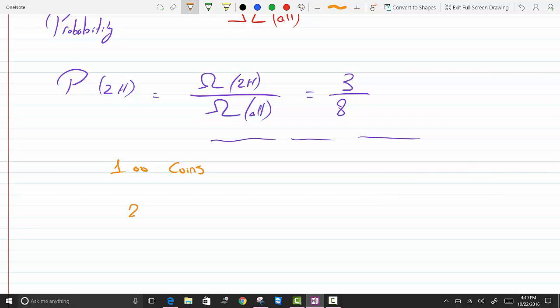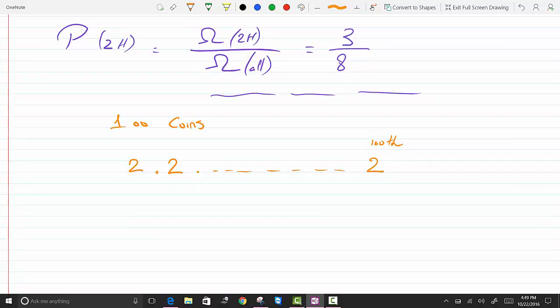So the first coin has 2 microstates, either heads or tails. The second coin, the same story. And every coin afterwards will have 2 microstates. So I could keep multiplying 2's all the way 100 times.